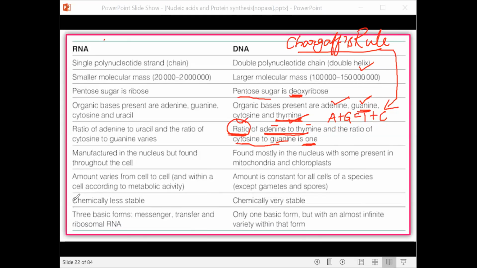Another part about this is that RNA is chemically less stable, whereas DNA is very stable. Now, this is where the problem comes if RNA is the genetic material. Since RNA is less stable as a molecule, there is a high rate of mutation.